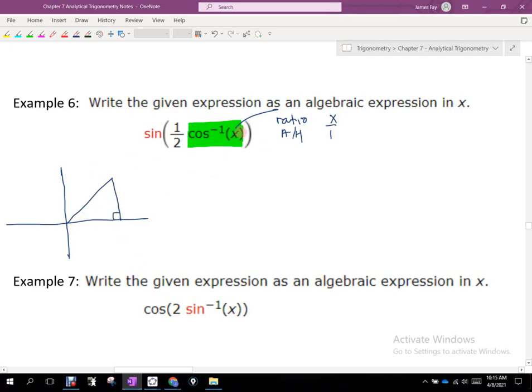If X was negative, it would tell me that I'm working in the second quadrant. And I know I can't be working in the third quadrant, even if X was negative, or the fourth quadrant when X is positive, because the cosine inverse is only defined for the first and second quadrants. That's the only half plane you can operate in with the cosine inverse.